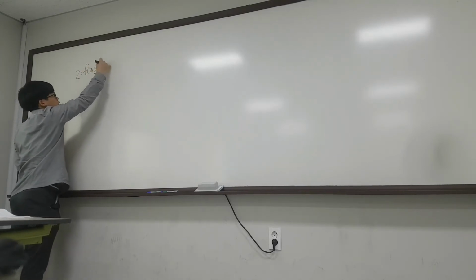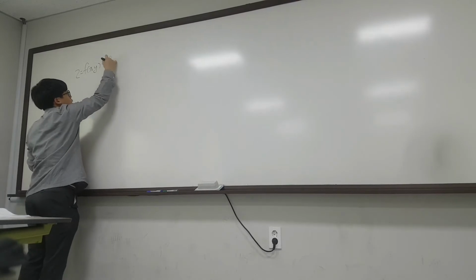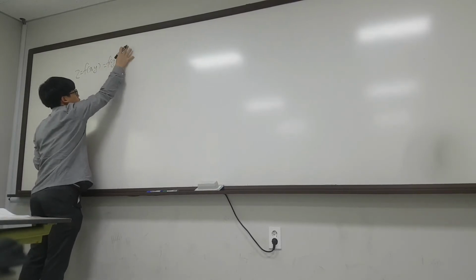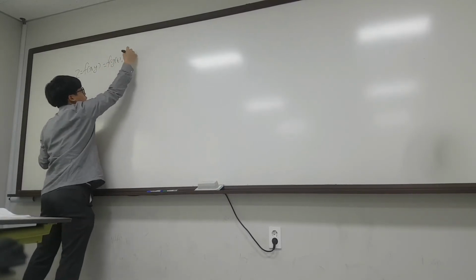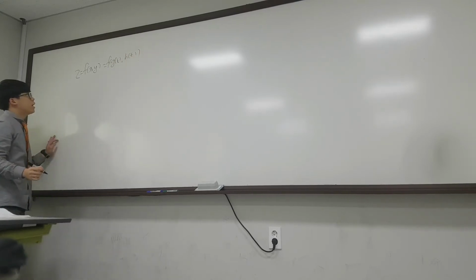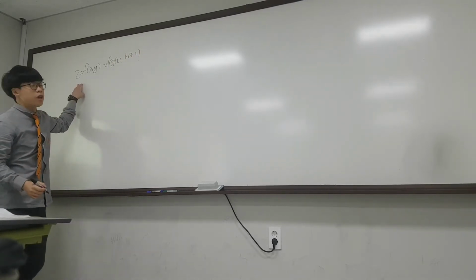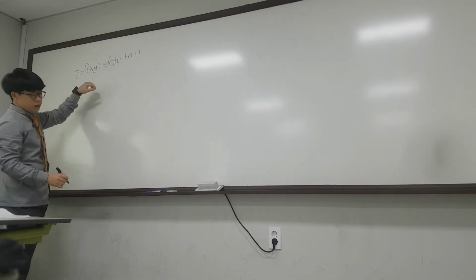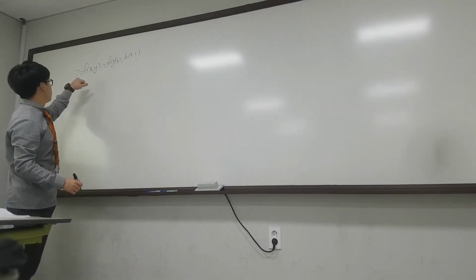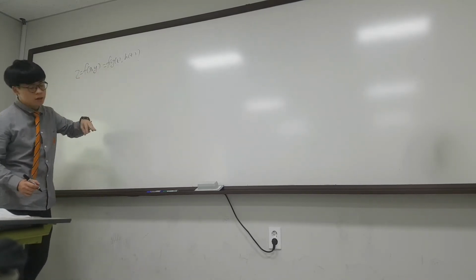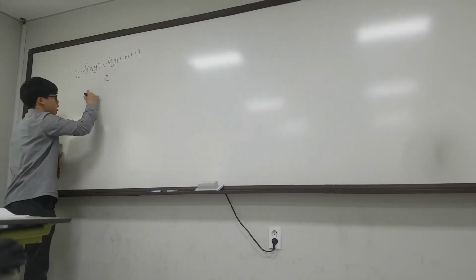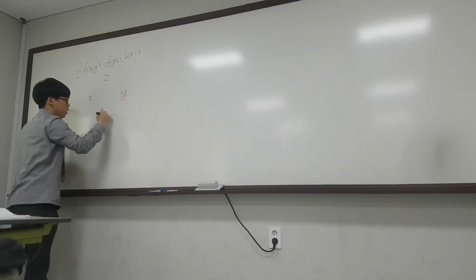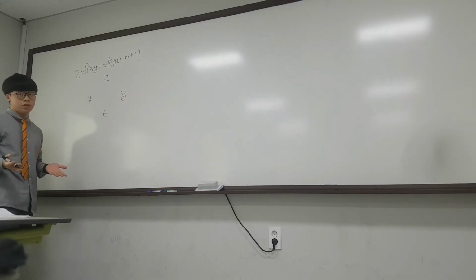So let's go back to this. We can see 4 variables here, right? z, x, y, and t. So we write z, x, y, and t. Let's see the relationship here.